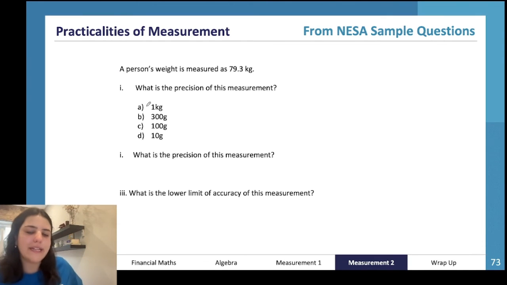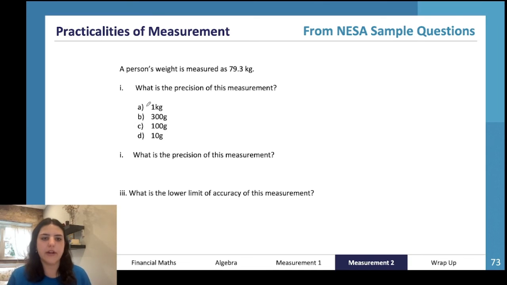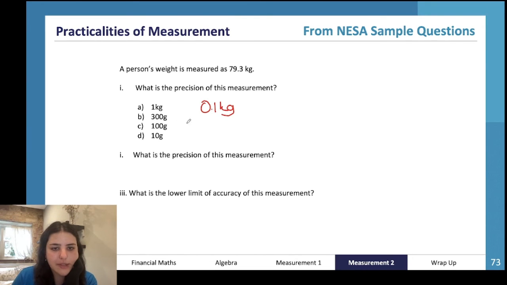Okay, this is from the NESA sample questions. A person's weight is measured as 79.3 kilograms. What is the precision of this measurement? Okay, so again, we're measuring to 0.1 kilograms, which actually means we're measuring to 100 grams. We've already answered that. What is the lower limit of accuracy on this measurement? So we'll do our absolute error.